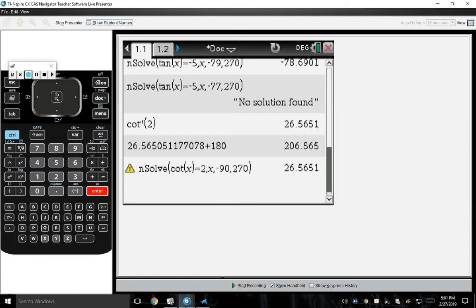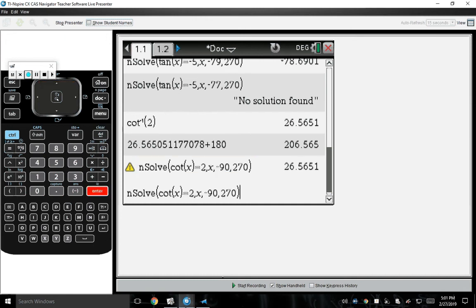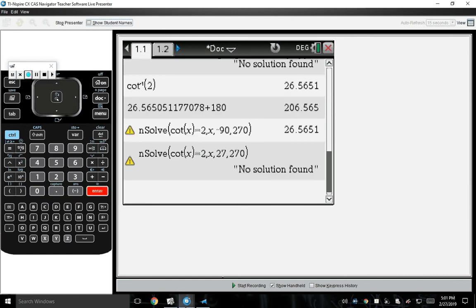So just disregard that. Don't think of it as you did something wrong as far as trying to find the answer is concerned. So we know 26.565 is an answer. So let's use that, and we can say between, let's say 27 and 270, does there exist another one? The answer here, it says no solution is found, but we know there is one. We know that when we're adding 180, there does in fact exist one.